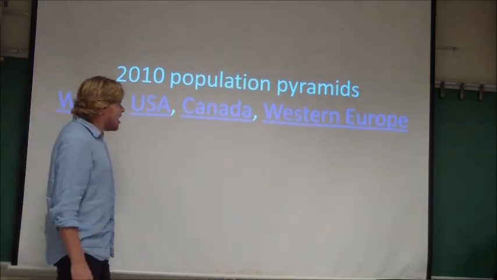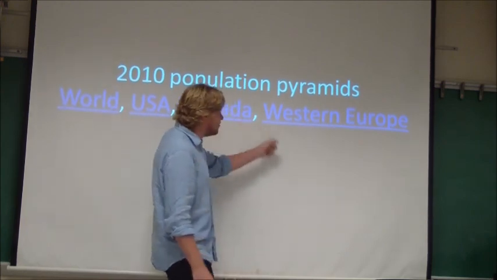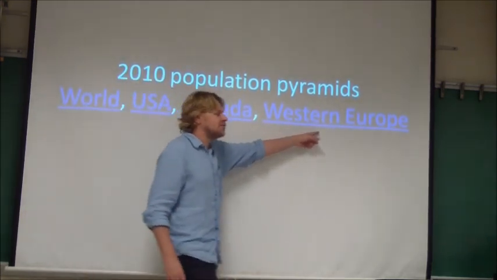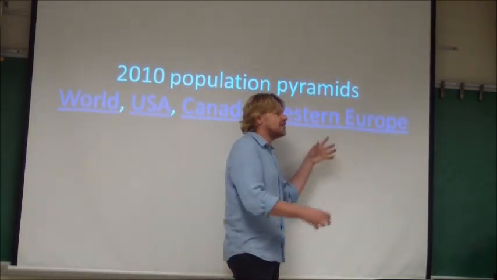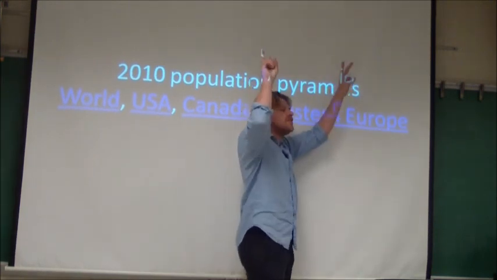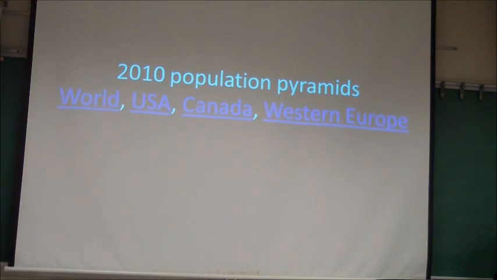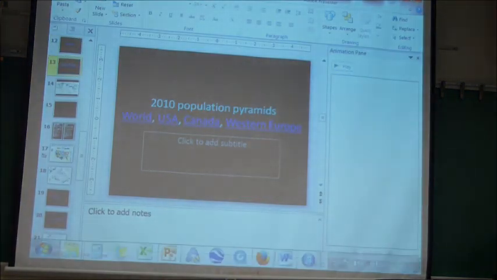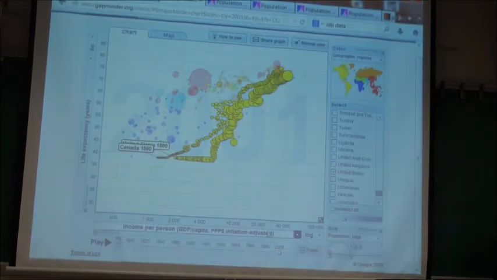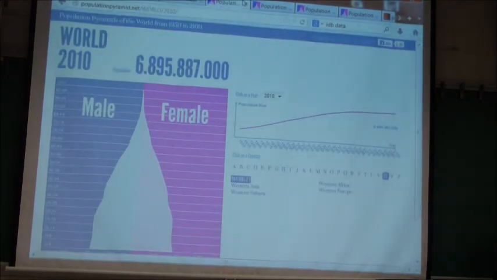I'm going to compare the world to the United States, Canada, and Western Europe. I pick Western Europe because I feel like it's a good proxy for what we would refer to as a group of developed countries. If we're going to compare developed countries, the argument is that the United States and Canada are very much characteristic of one.